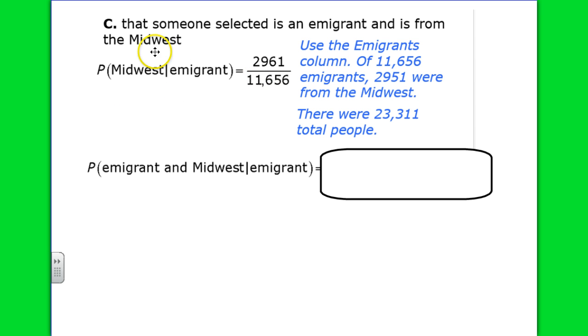Although if we take this, if they told us this, we could find it, right? But given this, what is the probability that someone is an immigrant? That's basically saying you could be an immigrant or an immigrant, right? And finally, what is this last one? An immigrant and Midwest?